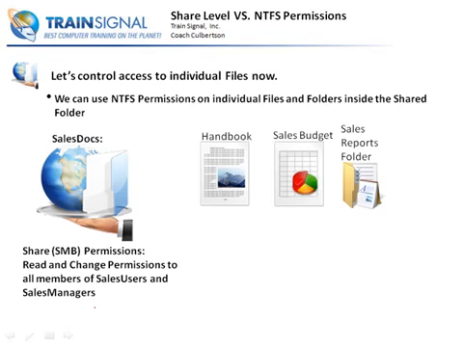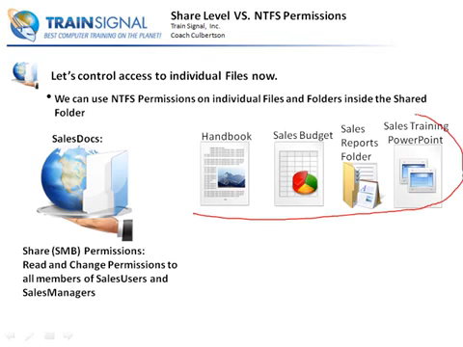Now, let's say we have 3 files and a file folder, right? Let's say we have a sales handbook, a sales budget, a training PowerPoint, and then a reports folder. Let's say that we want to take these and give sales users read-only access. We don't want sales users to be able to change, delete, or really do anything with these except for read them. All right?